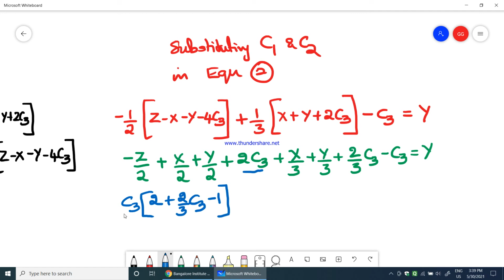Then here, minus z by 2 is one thing, plus x into (1 over 2 plus 1 over 3), plus y into (1 over 2 plus 1 over 3).